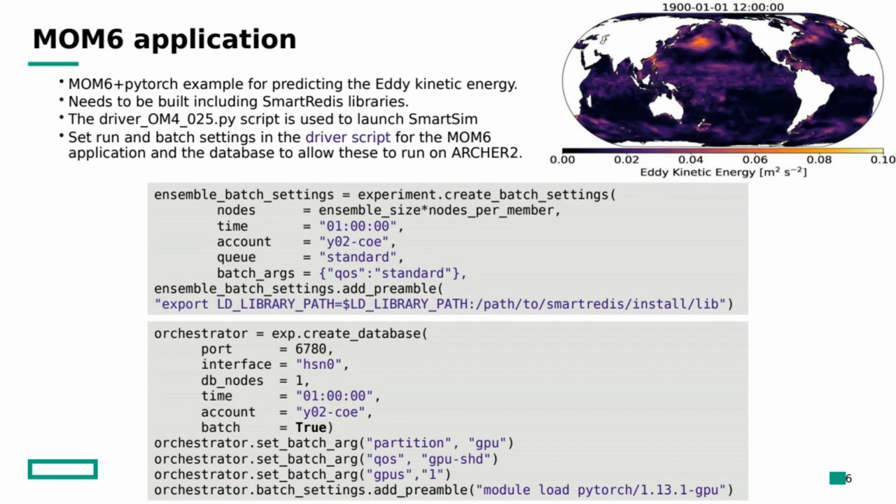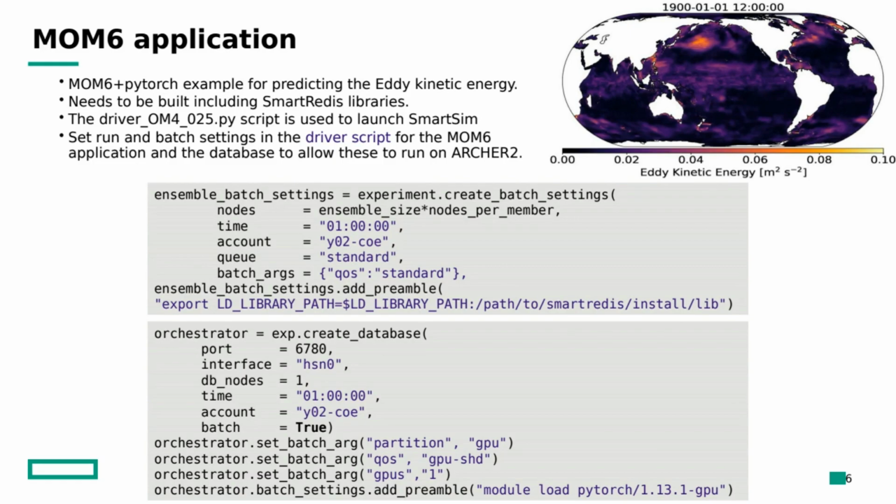I had to make a few modifications to this driver script to get it to work on ARCHER2. This involved some things we've seen before: the account, the partition, and the QoS. And then I also needed to add this preamble setting in order to give the path to the SmartRedis libraries at runtime, so it can find those.